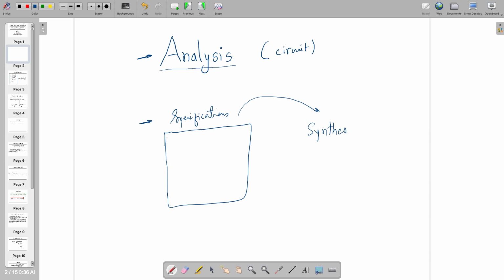That is the second part of our course, where you need to derive a circuit, where maybe specifications or some analysis is given, or let's say I'm telling you to design a circuit with 1 Henry, something like this. So I can design a circuit.